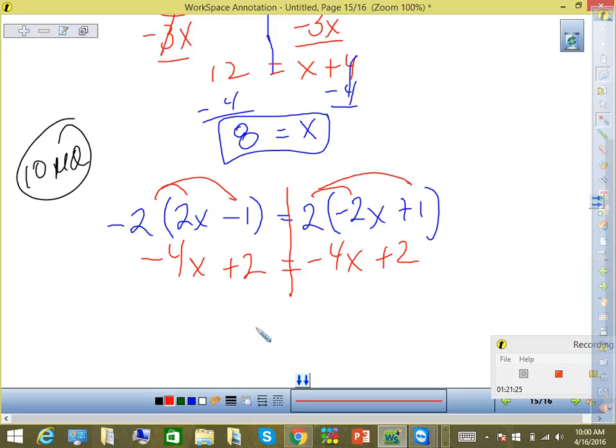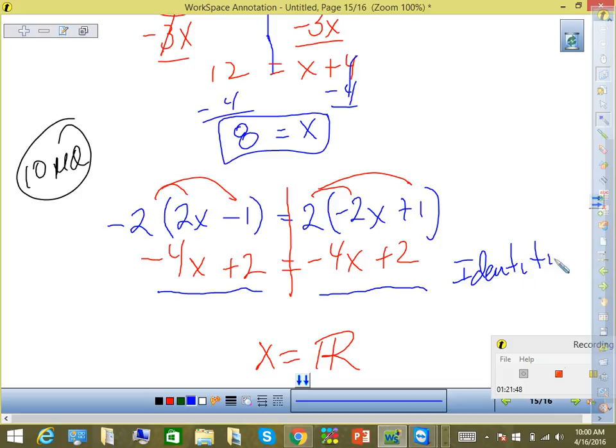Abby says, look up, x equals all real numbers. Hands if you saw that. Now let me show you why. This looks identical to this. That's why this is called an identity.